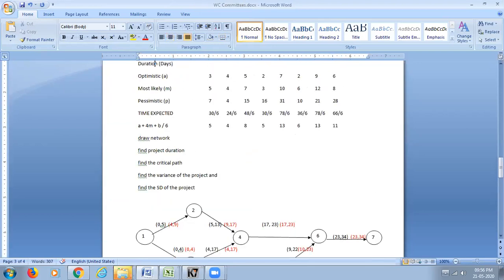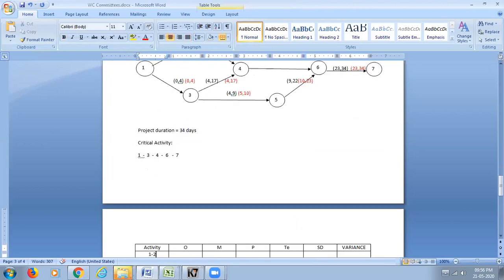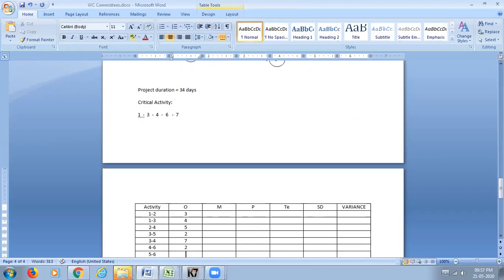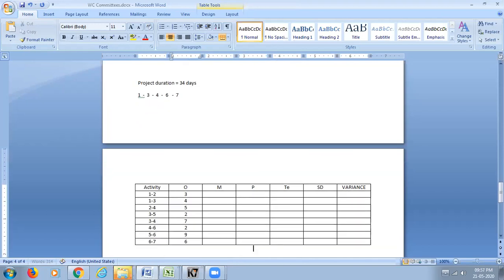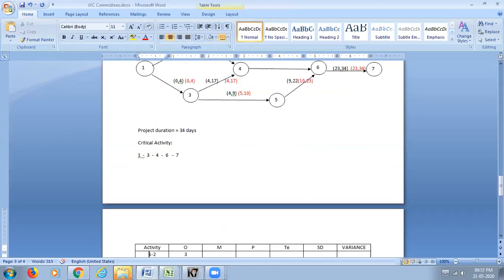Timing for these activities: 3, 4, 5, 2, 7, 2, 9, 6. Optimistic time. Most likely: 5, 4, 7, 3, 10, 6, 12, 8.